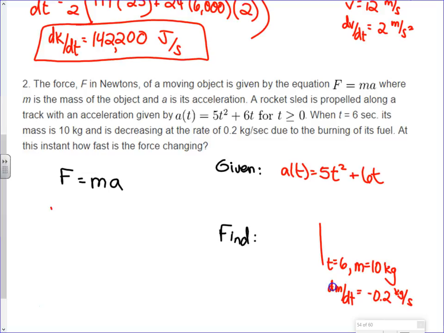True, so after we find the derivative, which is what we're trying to find, right? dF/dt, is that true? Second and first, so 8 times the m dt plus times.